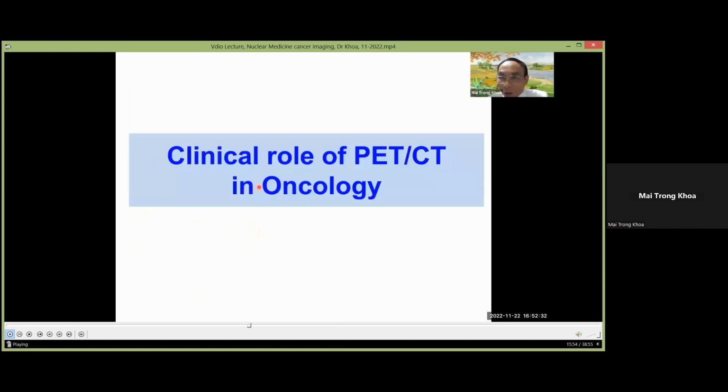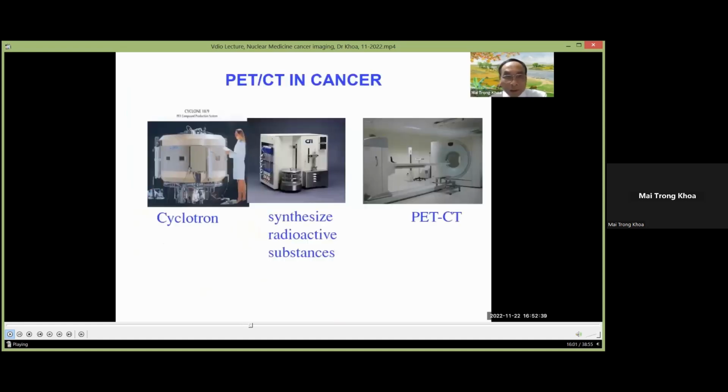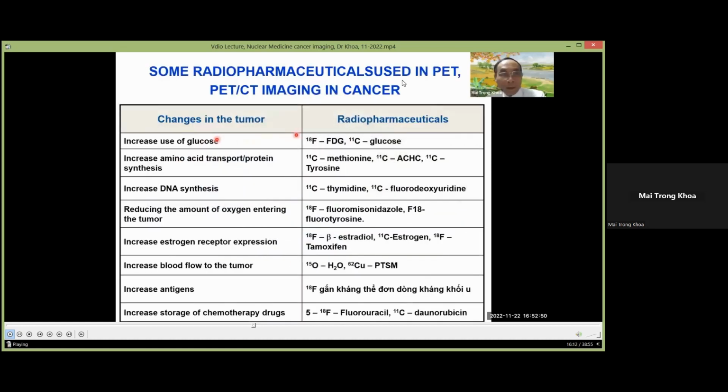Now we will talk about the clinical roles of PET in oncology. And this is a cyclotron and PET, you can see better. This table shows many radiopharmaceuticals used in SPECT and PET imaging based on the mechanism of tumor transformation and metabolism.